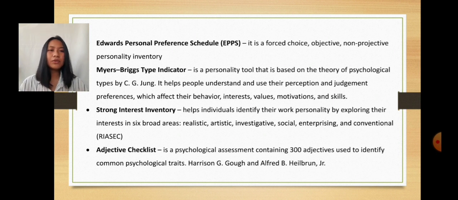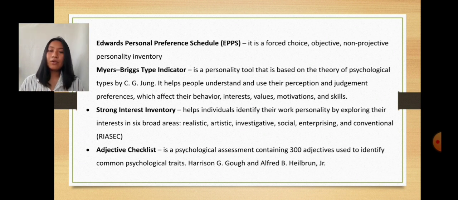It helps people to understand and use their perception and judgment preferences, which affect their behavior, interests, values, motivations, and skills. And we also have here the Strong Interest Inventory, which helps individuals identify their work personality by exploring their interest in 6 broad areas. So we have here the realistic, artistic, investigative, social, enterprising, and conventional, also known as RIASEC.